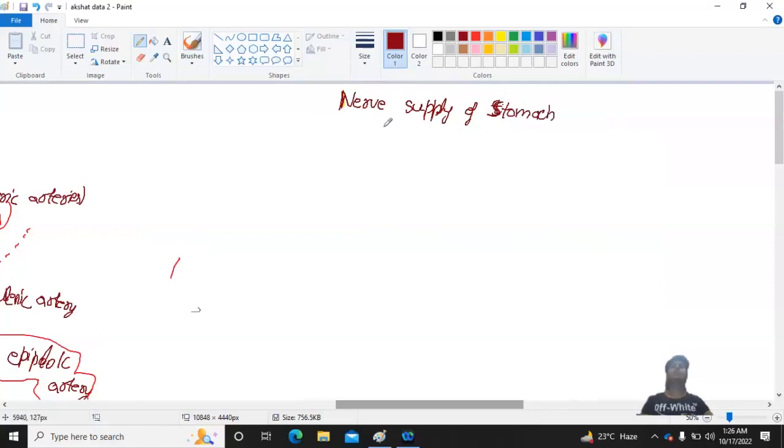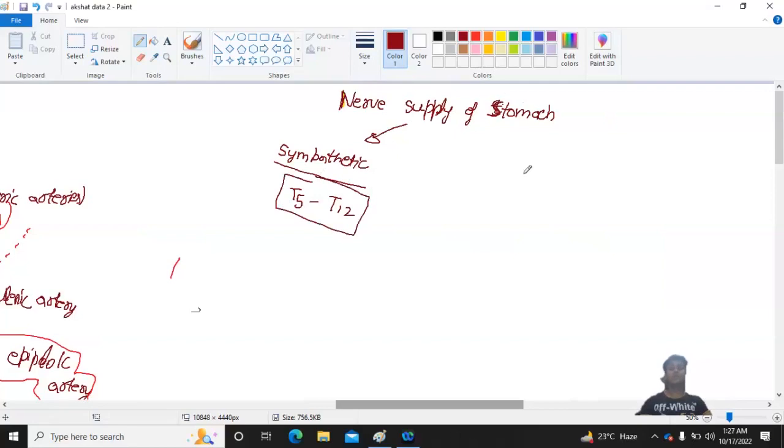So there are two types of nerve supply: sympathetic and parasympathetic. Sympathetic comes from T5 to T12 around. Sometimes T7 is also included, but this is the main point.